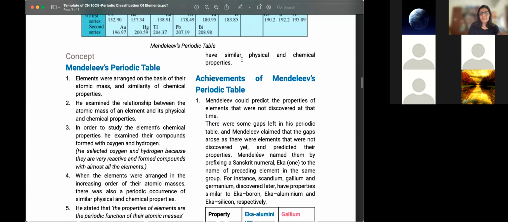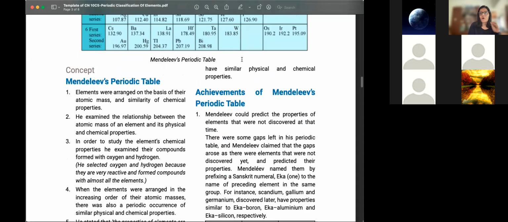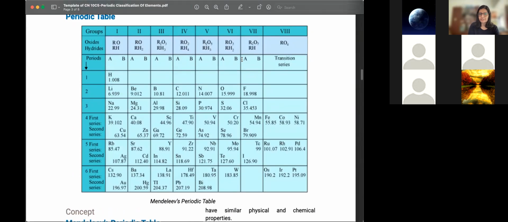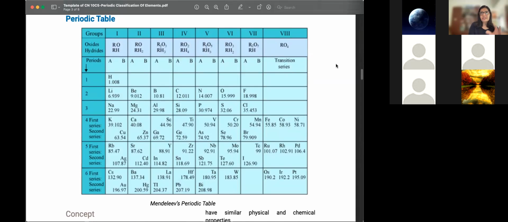But Mendeleev had a one-track mind: all of these need to be categorized and classified so that it's easier to study. So he did not stick to his rule that atomic mass must always increase. He gave priority to the fact that similar elements needed to be grouped together.